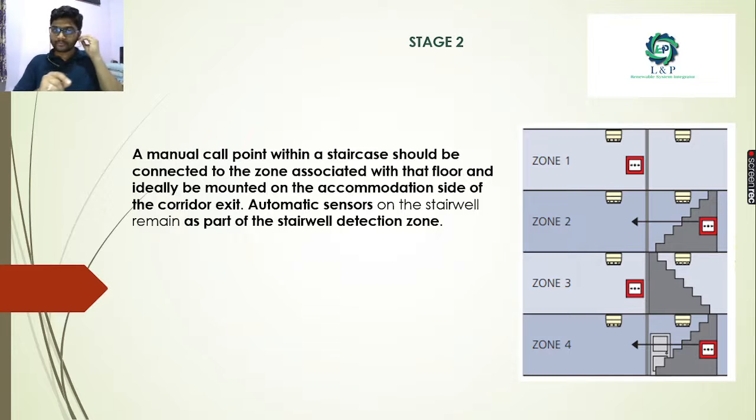And as we told earlier, stairs and lifts will be considered as separate zones, so even if there are automatic sensors, they should be taken into that staircase detection zone.